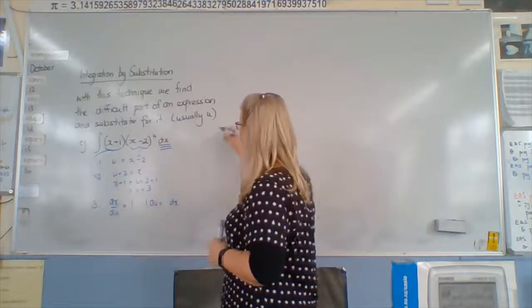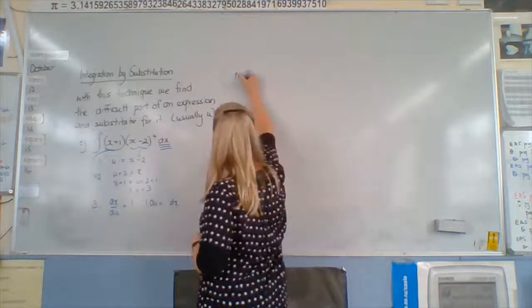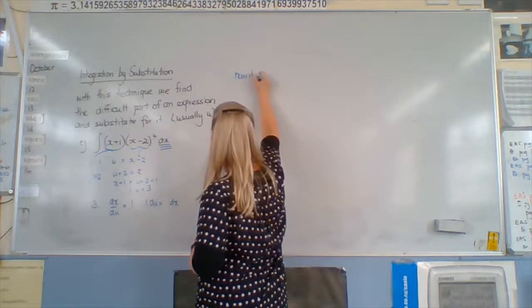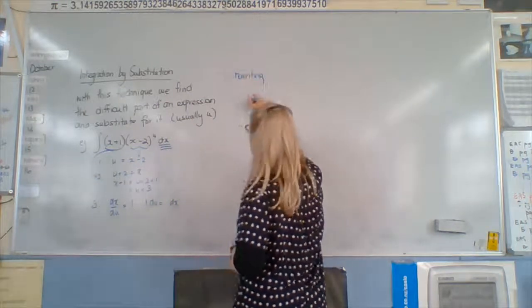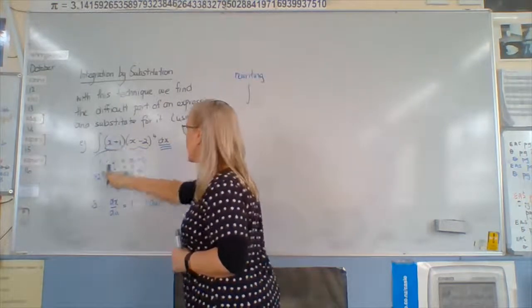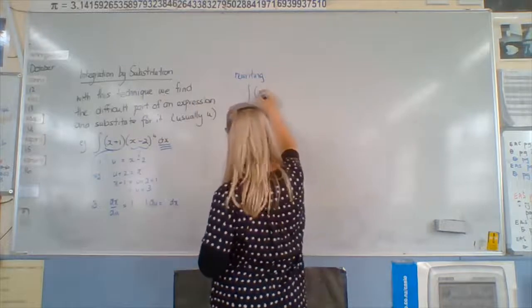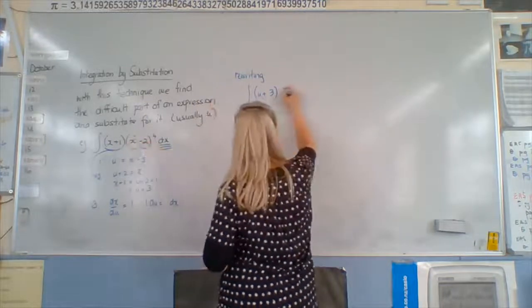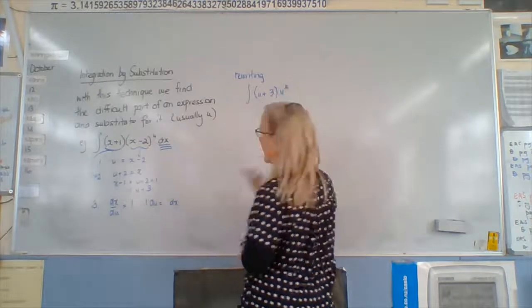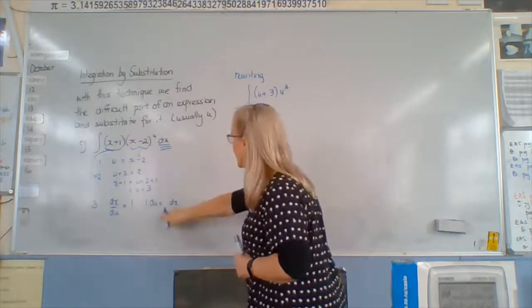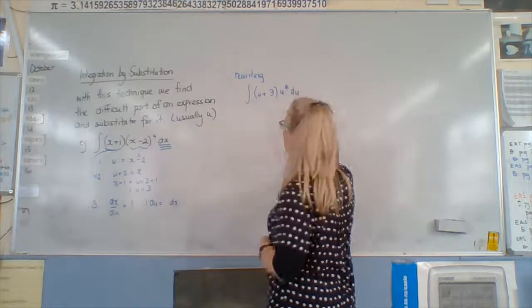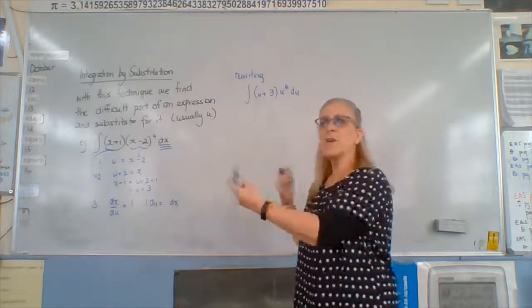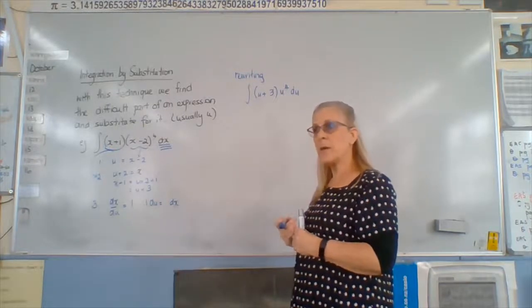So when we rewrite this, we get the integral of this thing here, which is going to be u plus 3. This thing here is going to be u to the power of 4, and this one is going to be du. So they're equivalent. Okay?